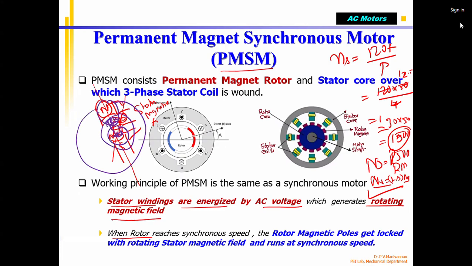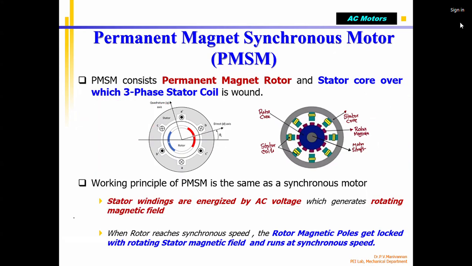That means initially you need a starter motor, an additional motor, to run the synchronous motor and bring the rotor close to synchronous speed, so the rotor magnet gets locked. After that, you can remove the external small motor. The synchronous motor will start rotating, then you can connect your load. Please note the load cannot be connected directly before the rotor reaches synchronous speed and gets locked. These are a few things you have to note down in the case of a synchronous motor.